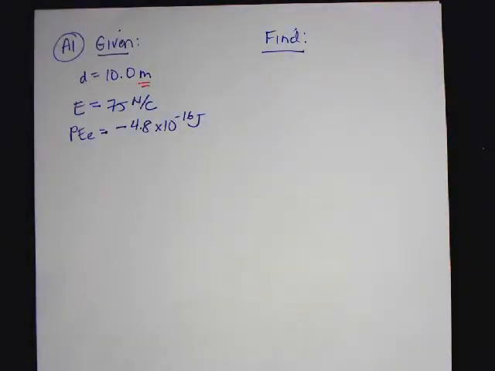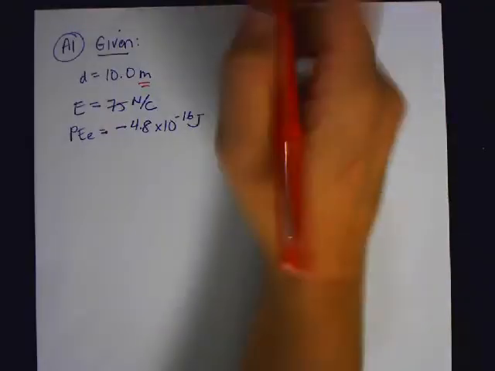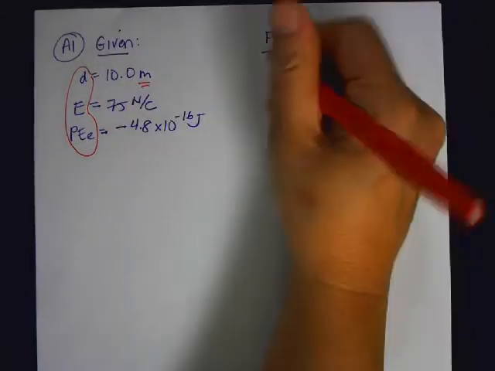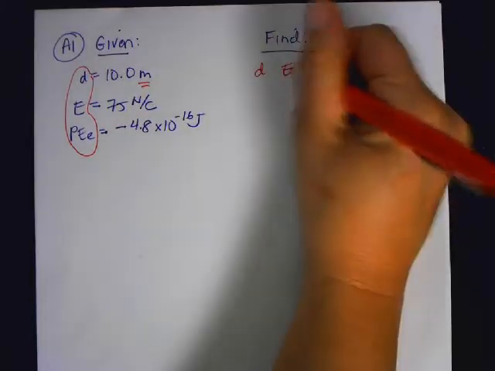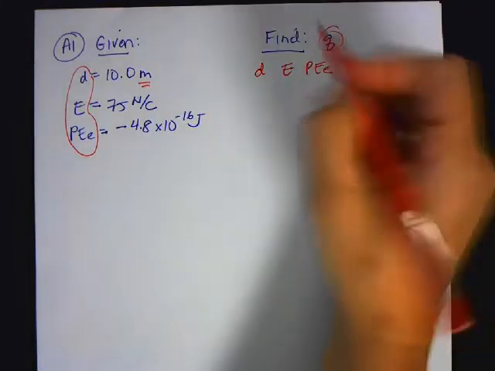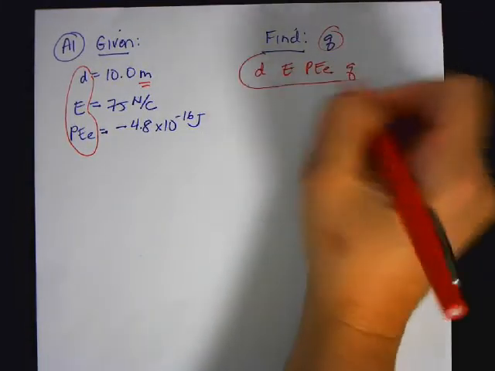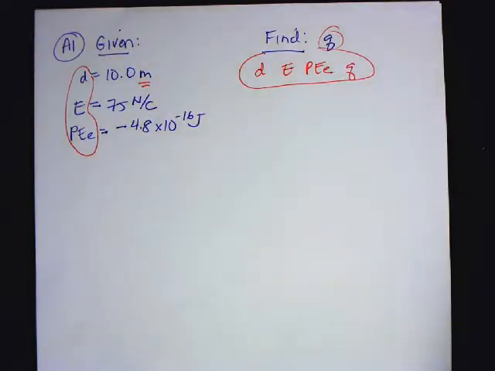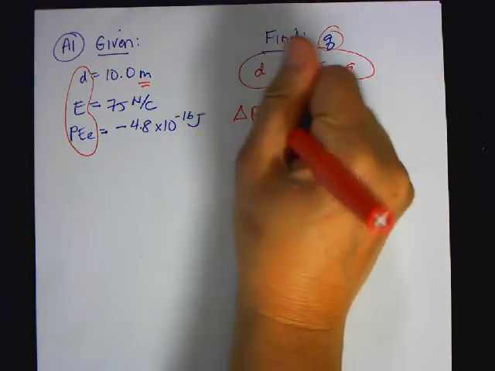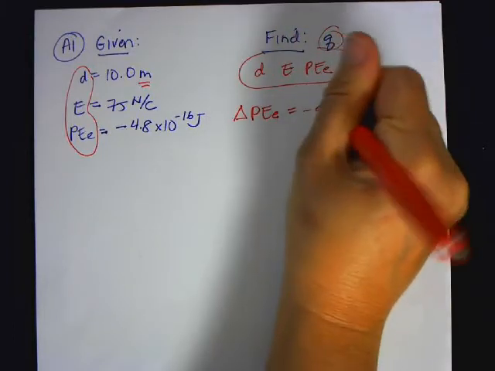So then it says, what is the particle's charge? So now I want to find Q. So again, my variables are here and here. So I have D, I have E, I have PE, and I have Q. I want to find Q, so now I'm going to say to myself, which equation has those four variables? So that's the equation that delta PE is equal to negative QED.